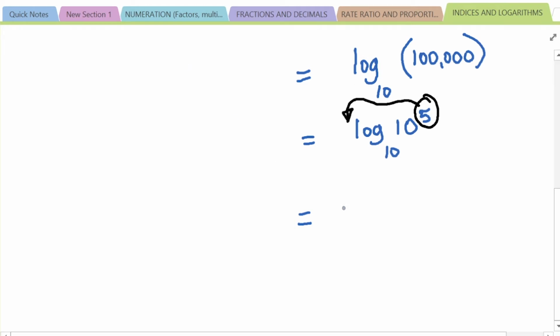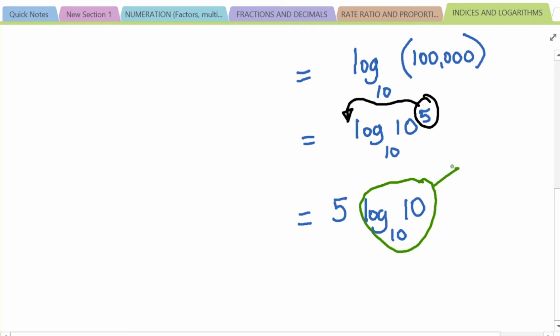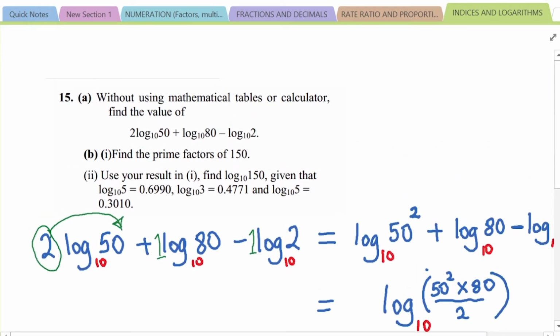So this becomes 5 log of 10 base 10. And of course, when we have the log of a number and its base being the same, this is equal to 1. So this becomes 5 times 1, and our answer is 5. So that's how we simplify that without using tables.